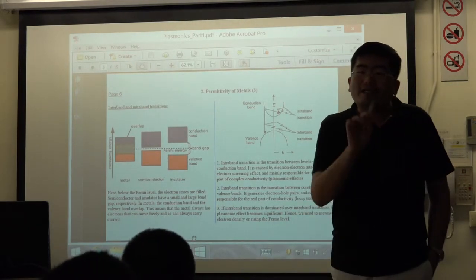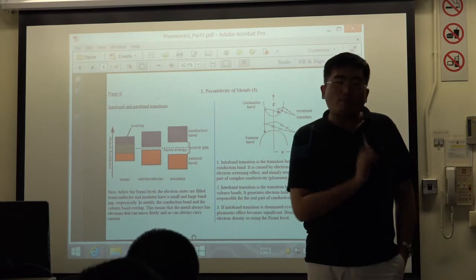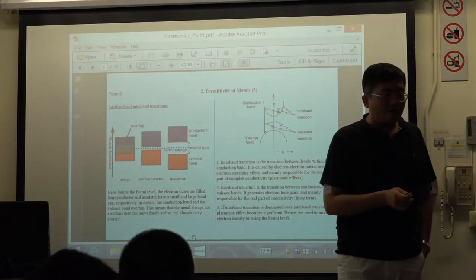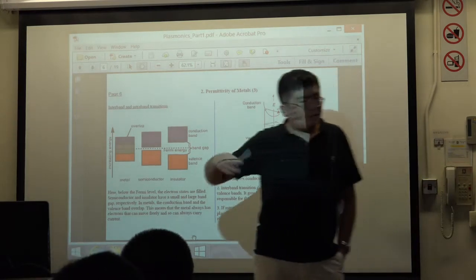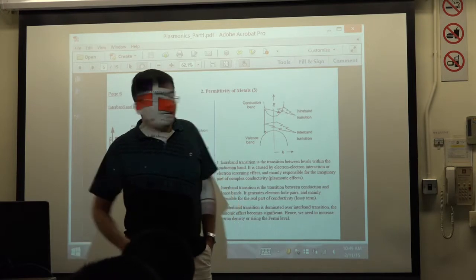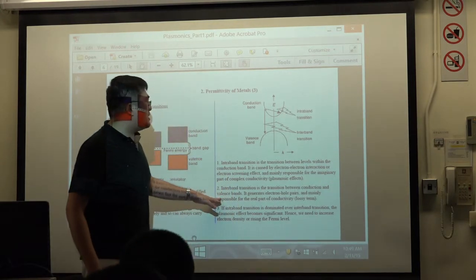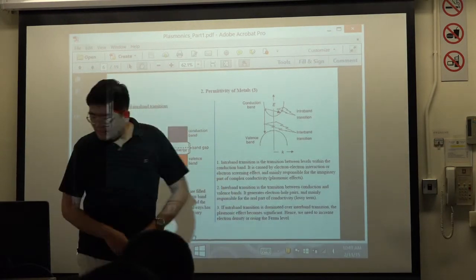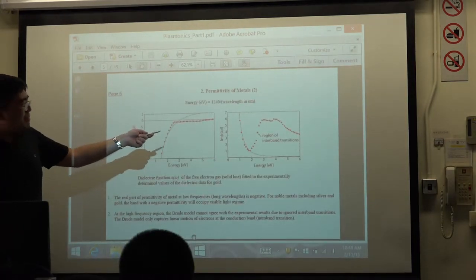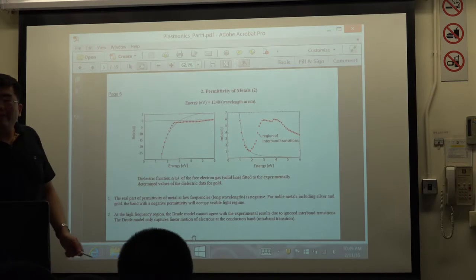Lossy, right? Sigma E squared, according to the Poynting theorem. If sigma is real, it's the lossy part. If sigma is pure imaginary, it's the reactive part. So interband transition is responsible for the lossy part. This is the reason why you see a very big difference at the higher-frequency or lossy part.